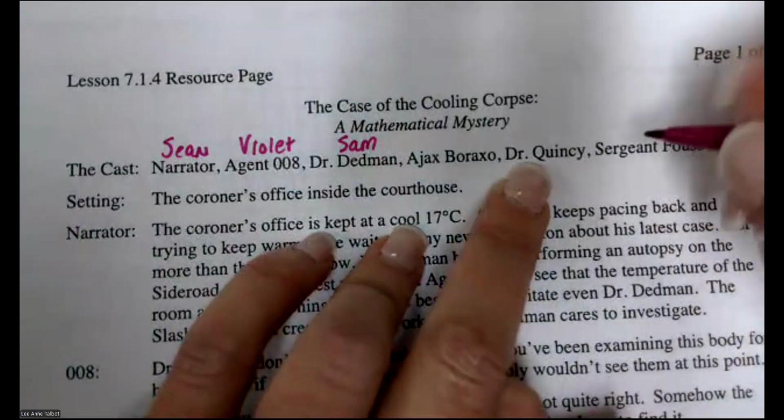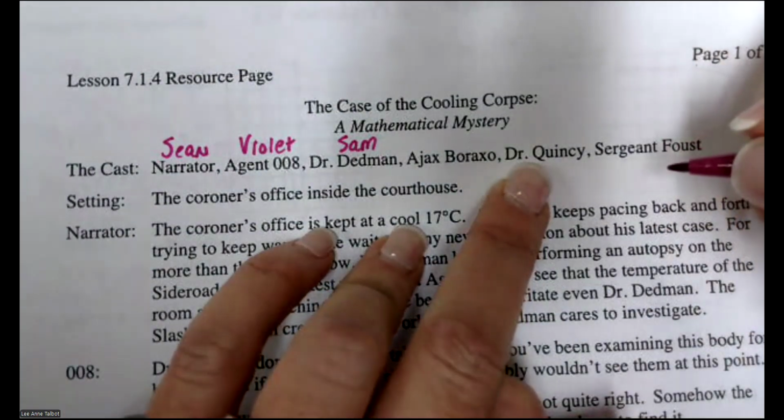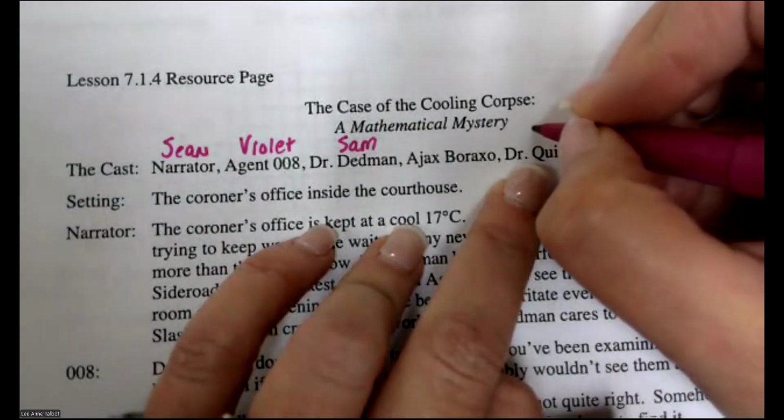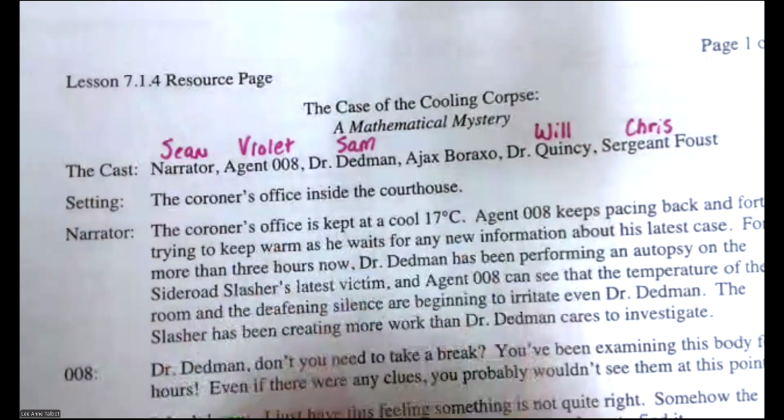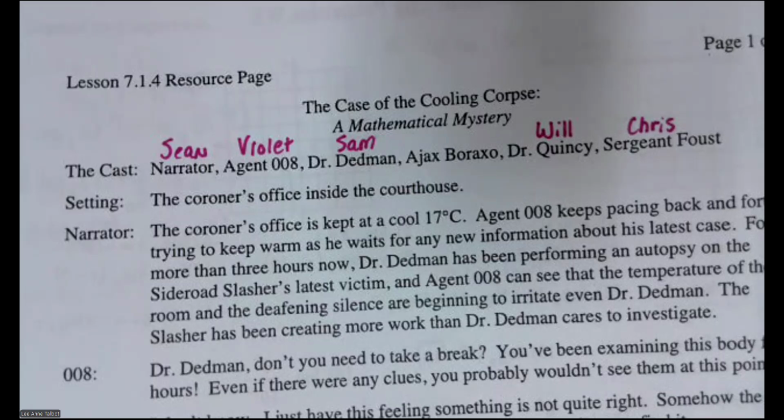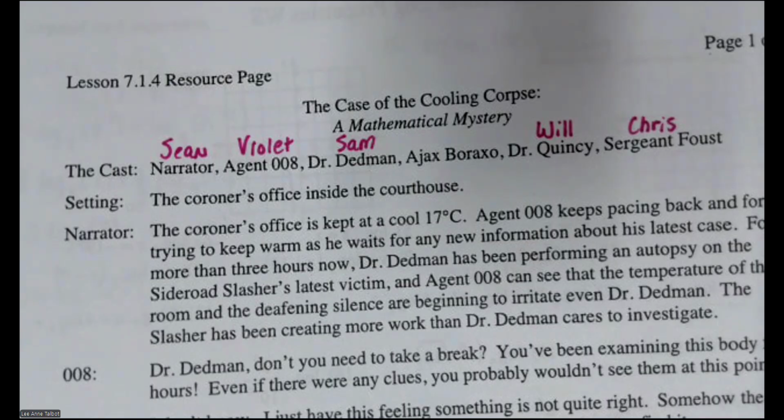You want to be Faust? Okay. Will, you want to be Dr. Quincy? Okay, we're done. Don't worry, it's fine. If you feel up to doing a fun voice, that would be great. Not required. Just make it more fun and spooky.